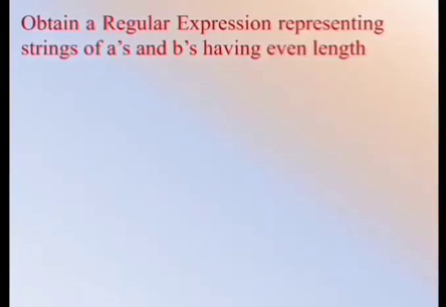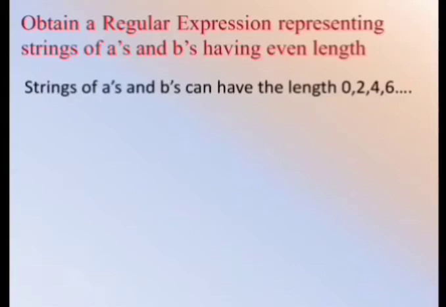Next we have a problem to obtain a regular expression representing strings of A's and B's having even length. Even length means the number of characters in a string can be either 0 or 2 or 4 and so on. Generally the length 0 is considered even.